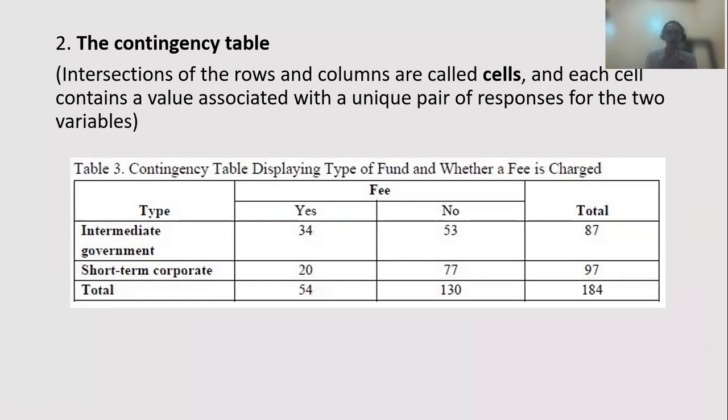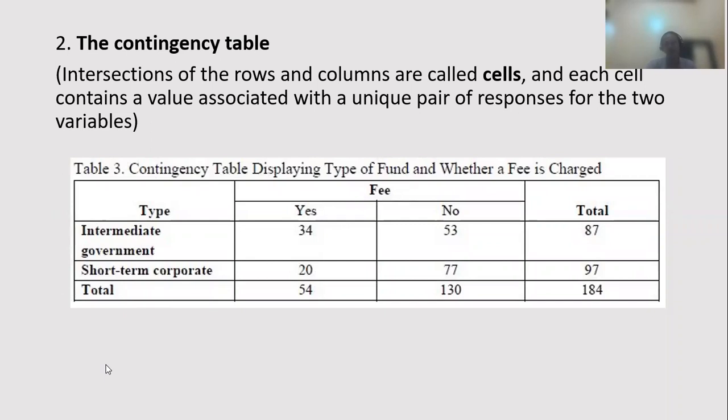That intersection is what we call a cell. So here, this is a cell. This is a cell, and this is a cell. The cell is the intersection of the rows and columns and consists of the data that we are interested in. And each contains a value associated with a unique pair of responses, a unique pair of those two pieces of information.